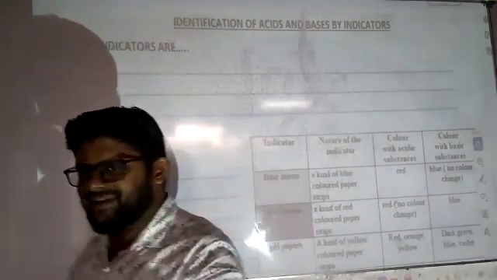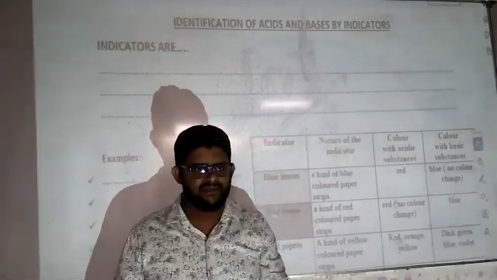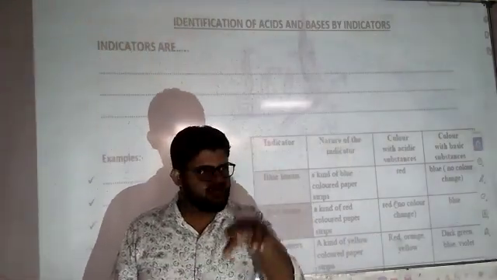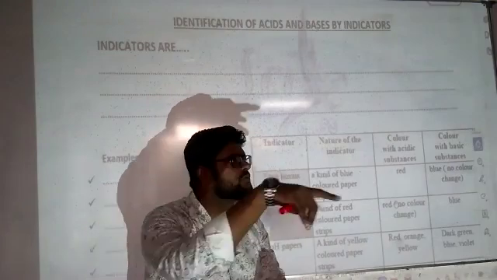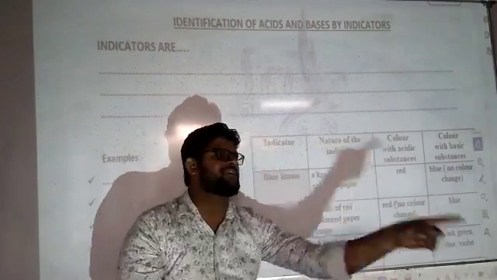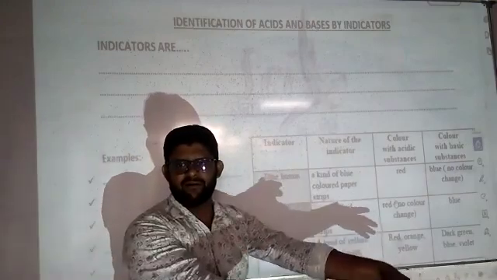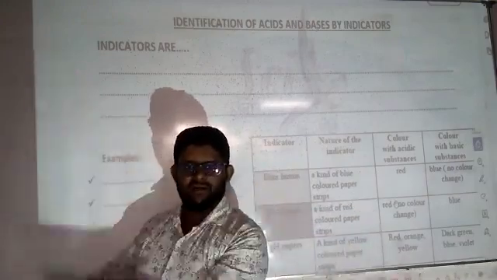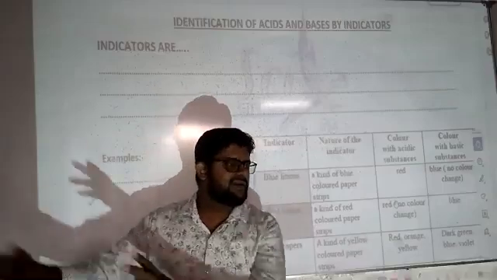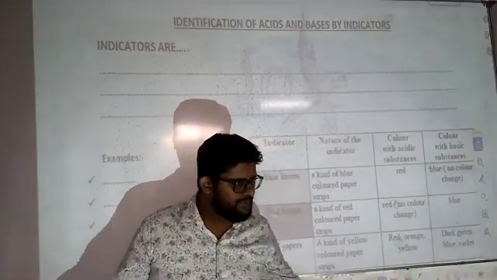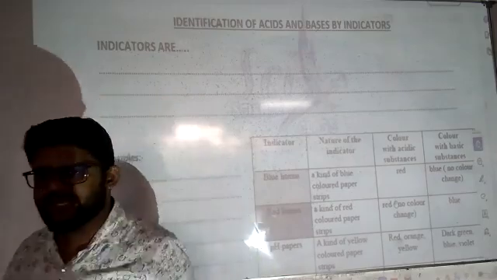Because of these color ranges given with acids and bases, we can use them to find out if a solution or a liquid is acidic or basic. Already we know the color code, so we group them accordingly.